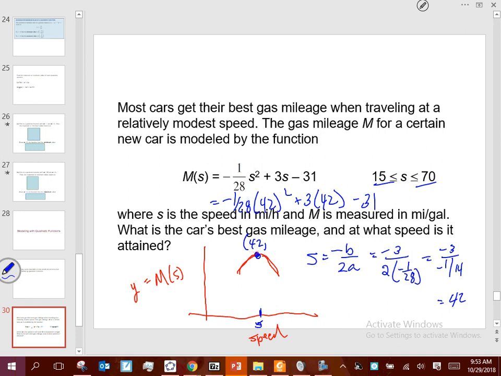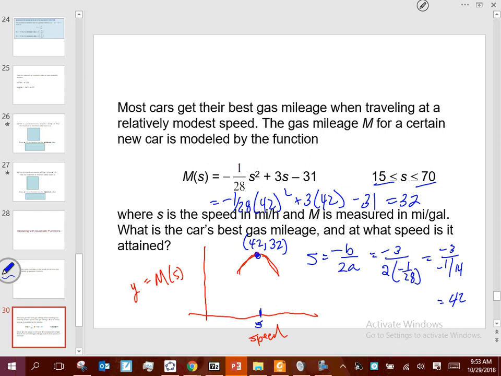And that should give me 32. So at 42 miles per hour, if I travel at that constant rate, we should get 32 miles for every gallon of gas that I use. Does that make sense? Okay.